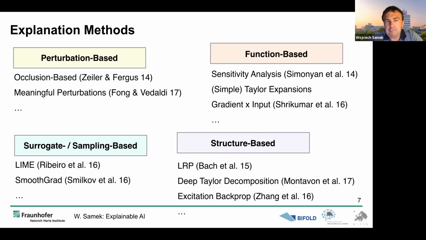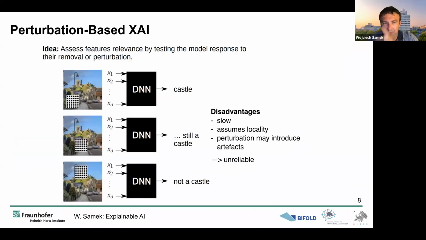One very simple idea is to perturb your input or to occlude your input. So for example, if you know that a network classified this input as castle, you may want to occlude different parts of the input, different parts of the image, and then see how the model reacts to this occluded image.